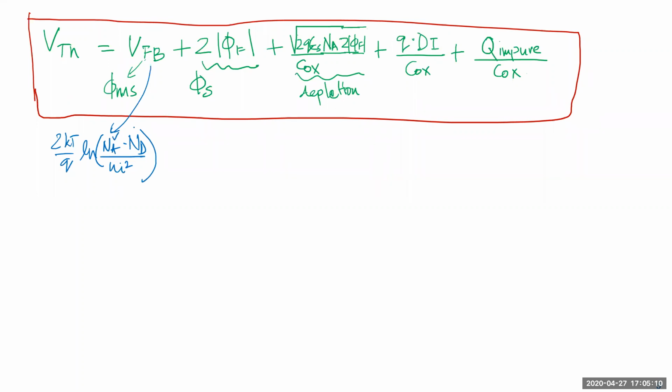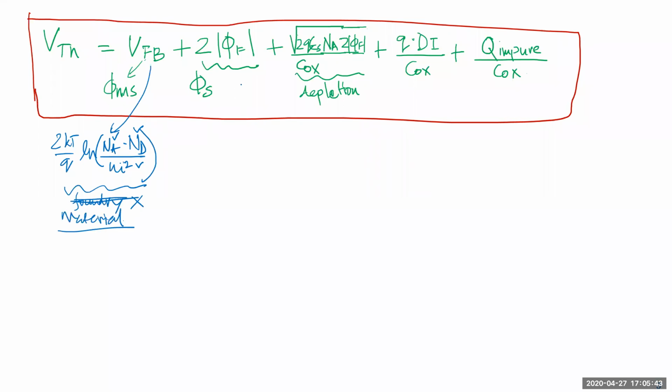These are decided by the process, by the foundry. The designer can't do anything once I choose a process. The foundry chooses it, but the foundry is almost bound by other factors, so they actually cannot change it. Even the foundry will have a flat band voltage for a given type of polysilicon and substrate, which are decided for other reasons. So this is almost material dependent. They have chosen a material and you just live with it.